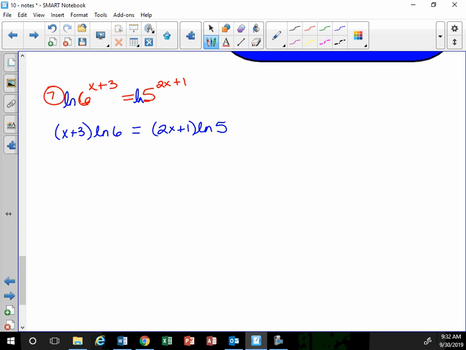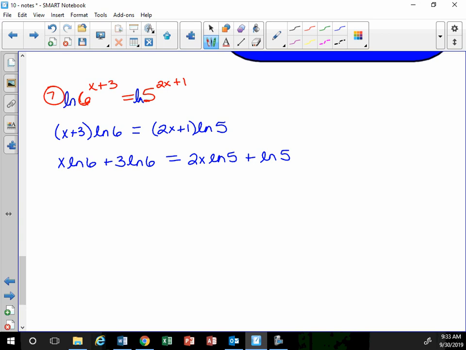So this is really x natural log of 6 plus 3 natural log of 6 equals 2x natural log of 5 plus natural log of 5. Does that make sense what I did? Okay. Distributed, even though it's written after the parentheses, it's still the same idea.